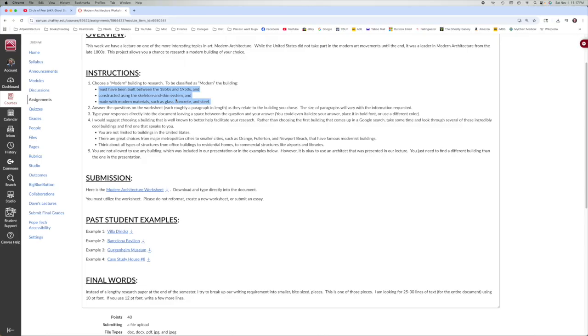If anything says neoclassical or Gothic revival, that is not the skeleton and skin system. And finally, it also needs to be made with modern materials, primarily glass, concrete, and steel. I would even add cast iron to that list. But that will help define what a modern building is.